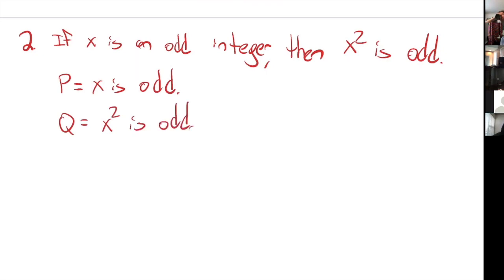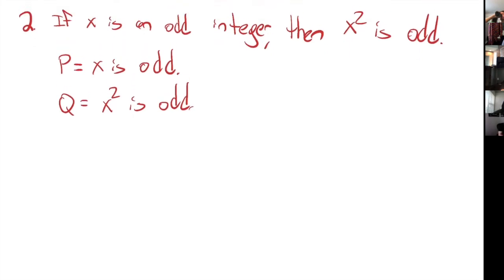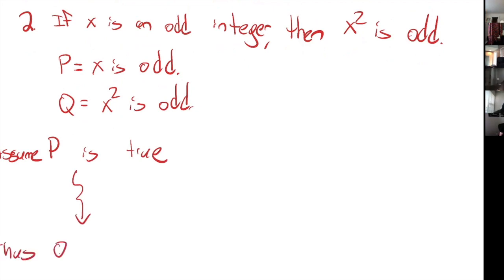So again, here's a good first step. What the proof is ultimately going to look like is we're going to assume P is true, do some stuff, and then in the end, we're going to say, therefore now we can see that Q definitely has to be true.